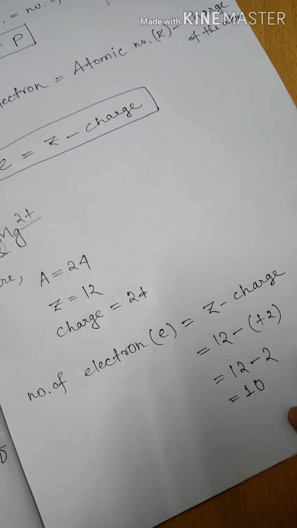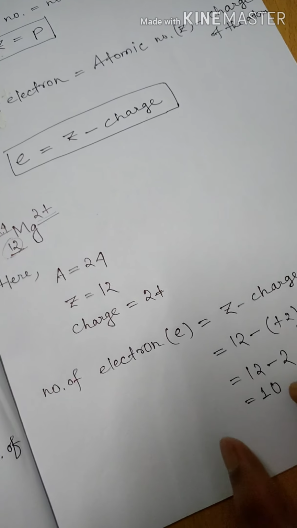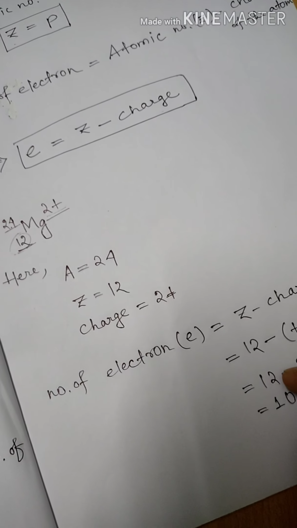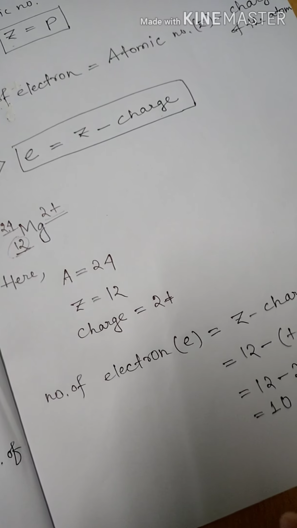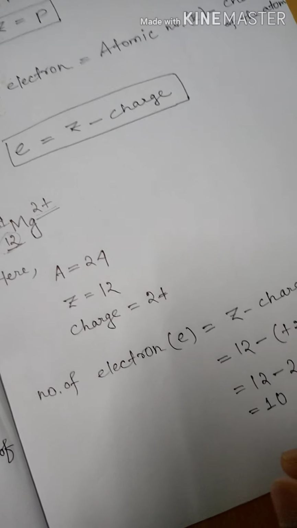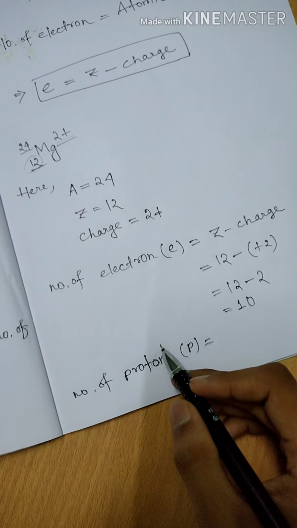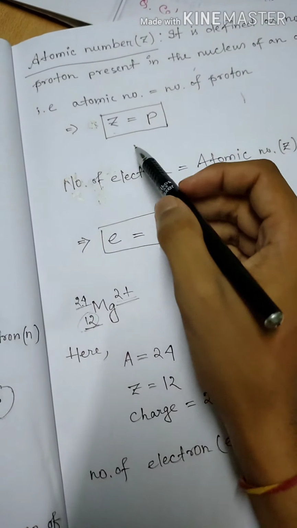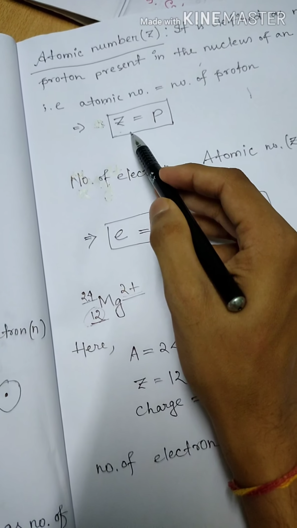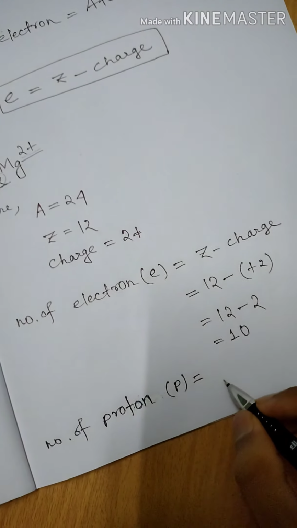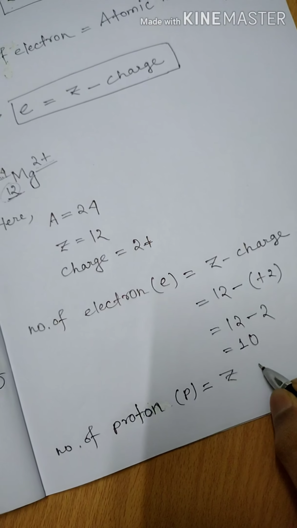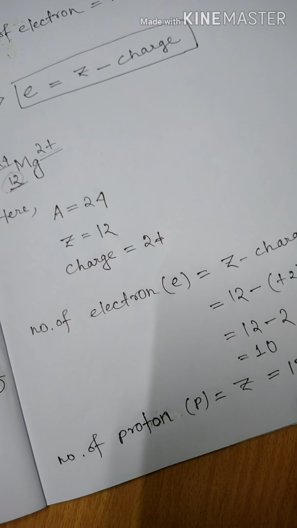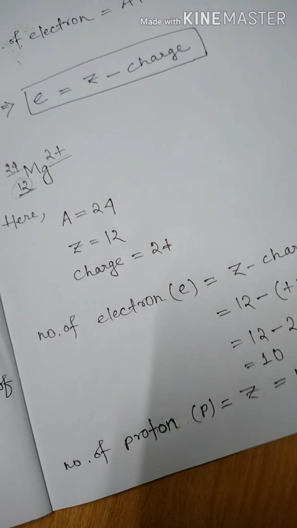So 10 electrons are present in this atom. Now we have to find the number of protons. The number of protons P is equal to the atomic number Z. Here Z is 12, so 12 protons are present in this atom.